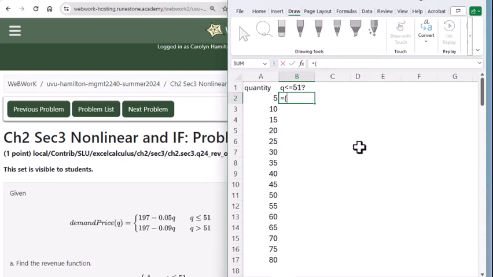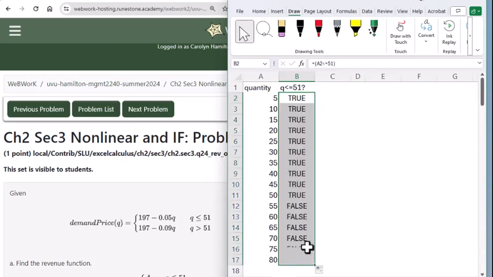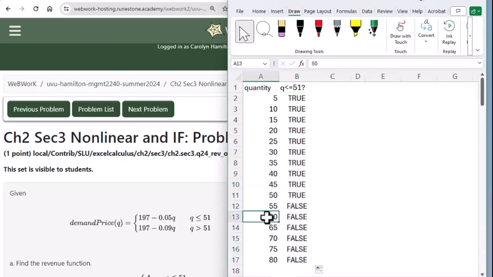So is this cell less than or equal to, that's the syntax, 51. I get a true if it is less than 51, but as soon as the value goes over 51, I get a false. So at 51, that should still be true. At 52, it should be false.